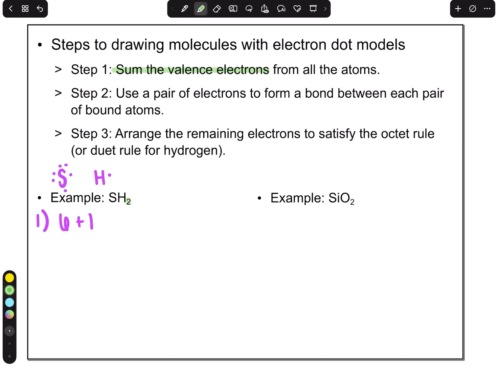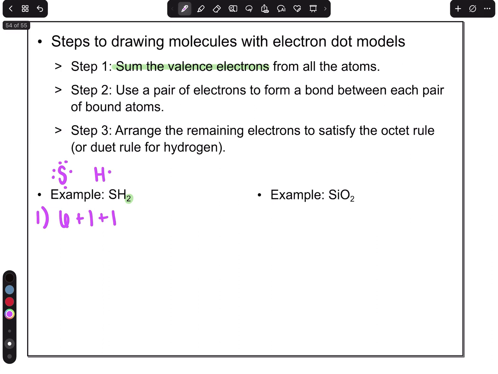Now, if I look in my molecule, that 2 there stands for 2 hydrogen atoms. So I'm going to add up 2 valence electrons for those 2 hydrogen atoms to get me a total of 8 valence electrons. Step 2 involves me actually drawing. All I'm going to do is form a bond between each pair of atoms in the molecule.